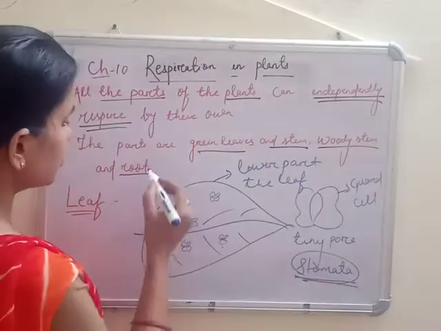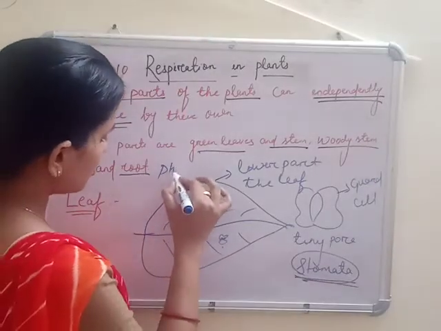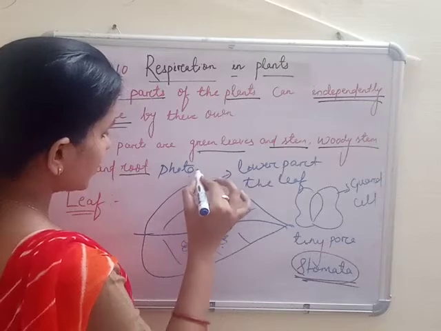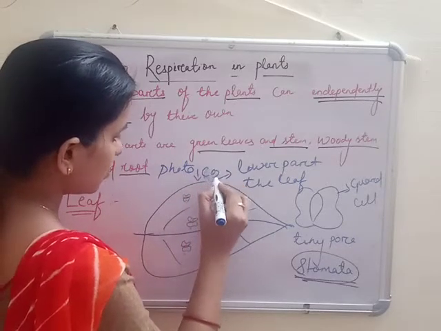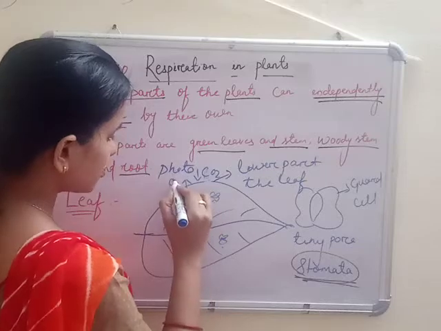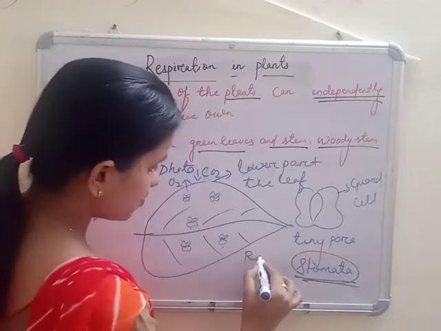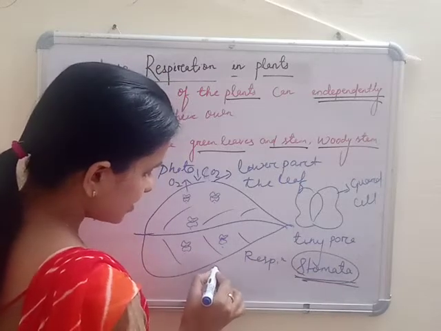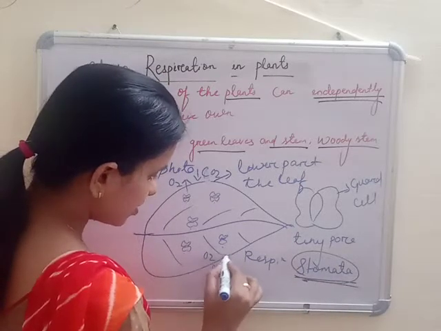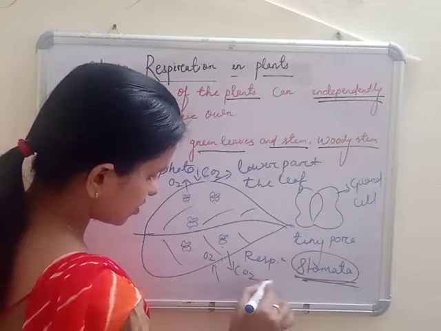You all know that in the photosynthesis process, the plant takes carbon dioxide and releases oxygen. In the respiration process, it takes oxygen and gives out carbon dioxide.